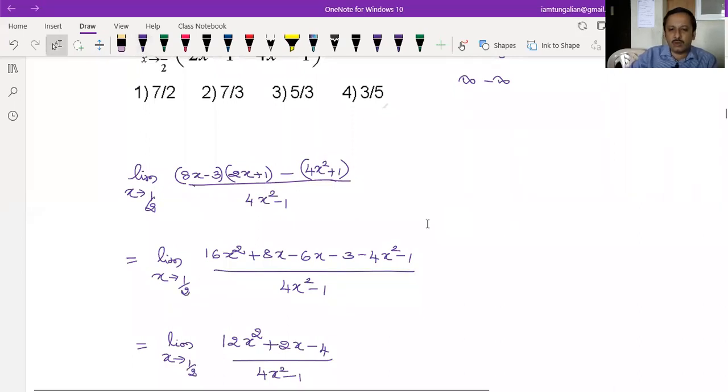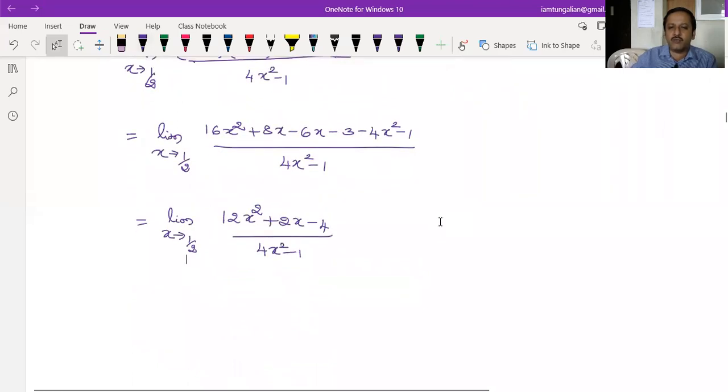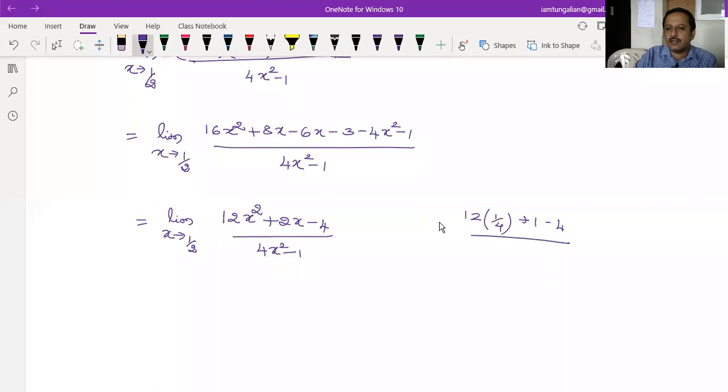If I put x as 1 by 2, just observe what we are going to get. 12 into 1 by 4, putting x as 1 by 2 will give you 1 by 4, plus 2 into 1 by 2, that is 1, minus 4. So 4 ones are 4, threes are 3, plus 1, 4. 4 minus 4, 0. In the denominator, 4 into 1 by 4, 1 minus 1, we are going to get 0. 0 divided by 0.